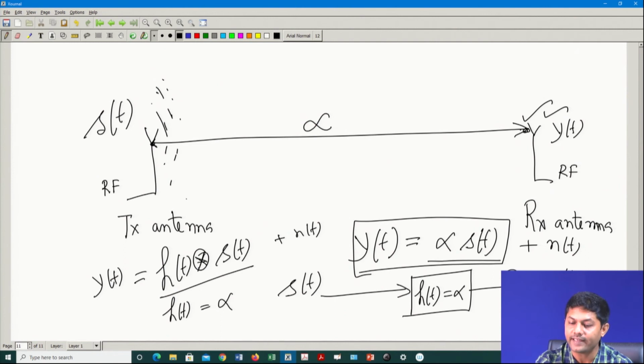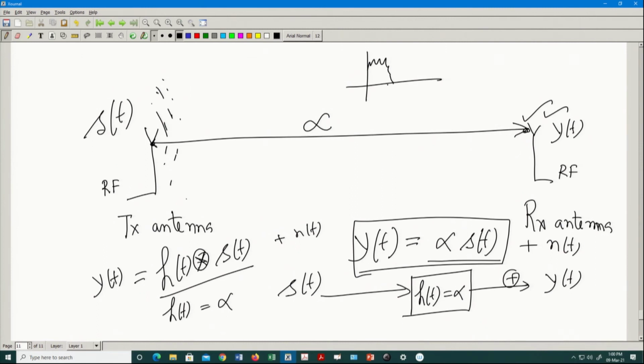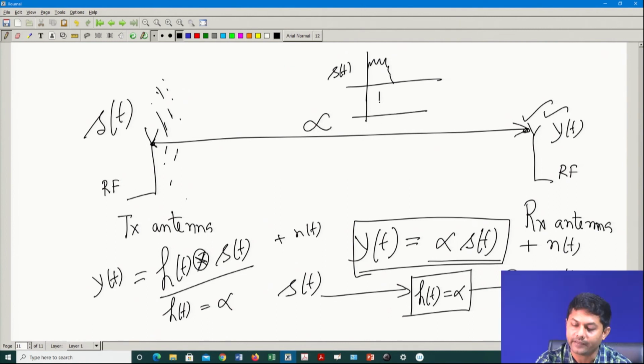So, if I send s(t), whatever my analog waveform is, when I receive it as y(t) there will be a slight delay. This delay has to be modeled somehow. Let us call it tau. This is my y(t).